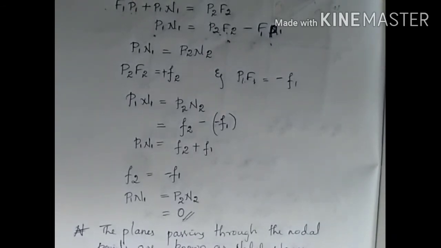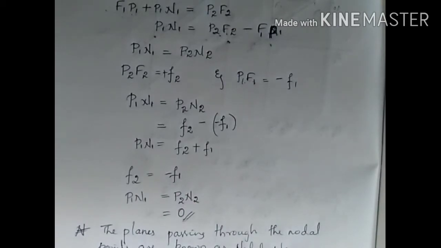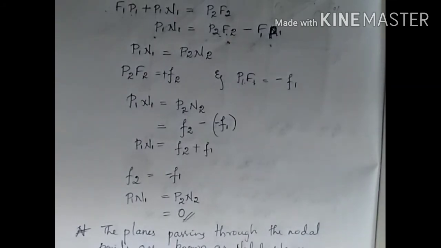The first point is the distance between nodal points N1 and N2 will be equal to the distance between the two principal points P1 and P2. And in the second part we understood that when the optical system is situated in the similar medium, then principal points coincide with the nodal points N1 and N2.